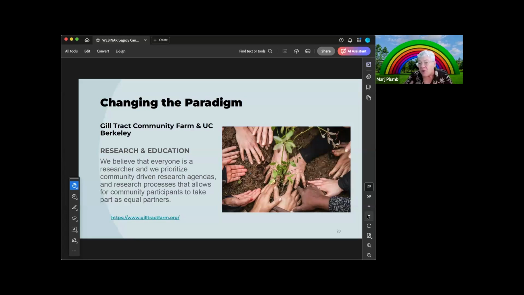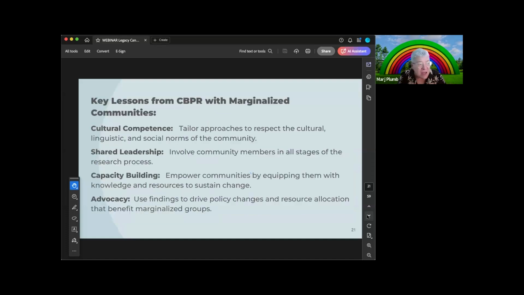So that's when CBPR has made its real entrance into the world, when the community takes over the research agenda, and uses the researchers kind of as consultants to be able to get answers to the questions that they have. Next slide. So some of the key lessons that have been learned about CBPR with marginalized communities.